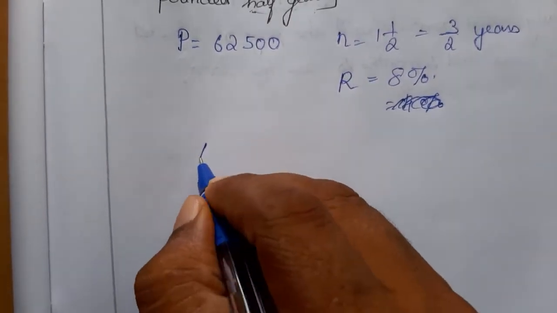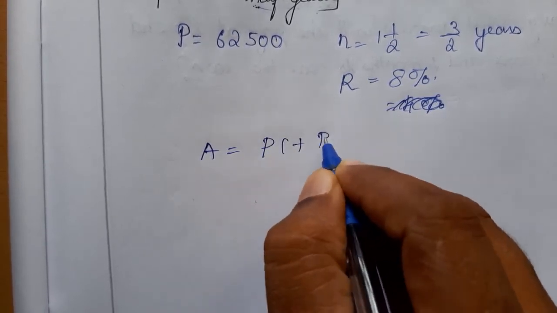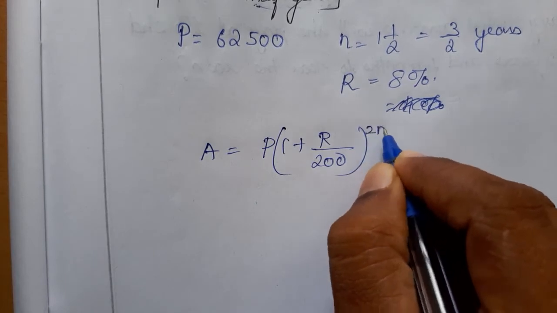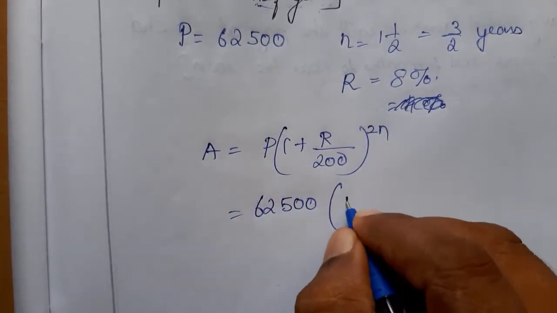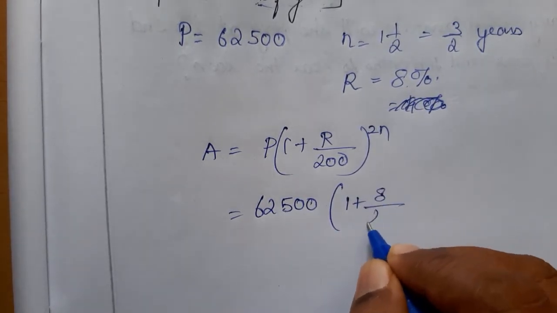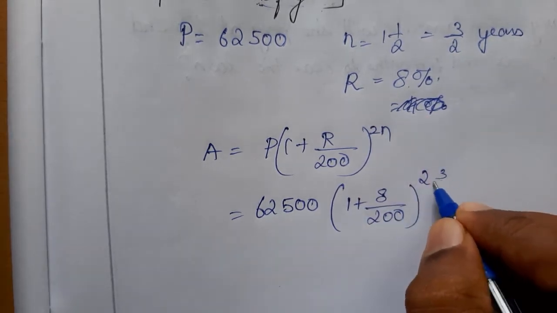Okay, so the amount we will get is P into 1 plus r by 200, the whole power 2n. The principal is 62,500 into 1 plus 8 by 200, the whole power 2 into n, which is 3/2.